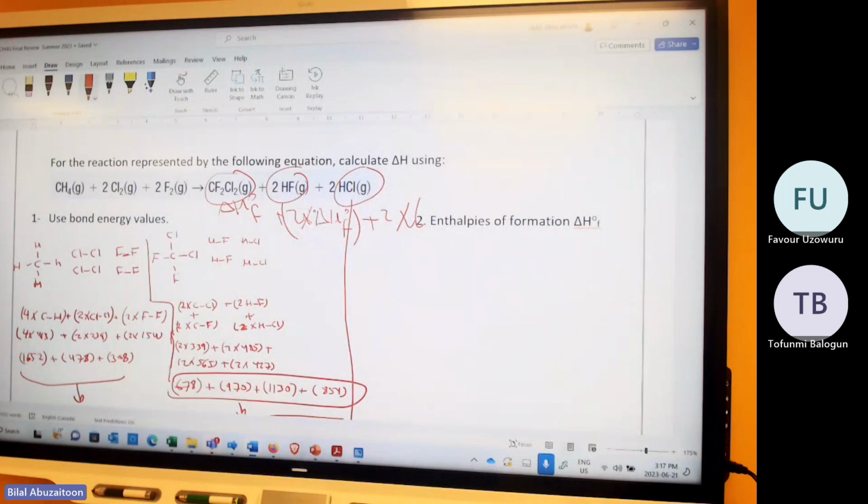Enthalpy of formation. I think I finished. Yeah, you move up.